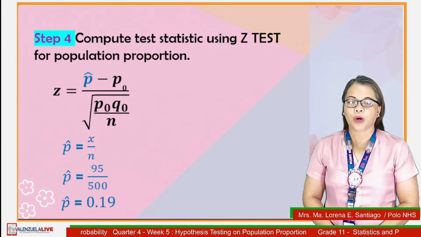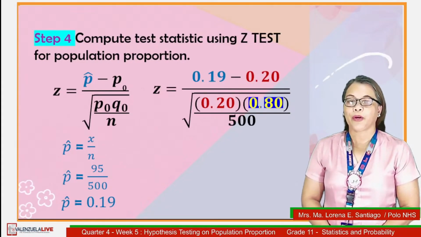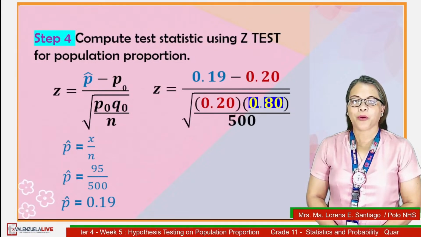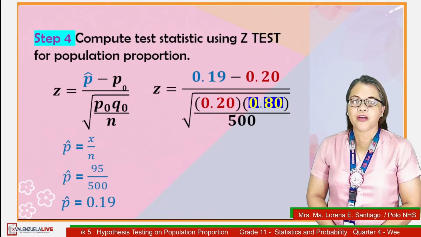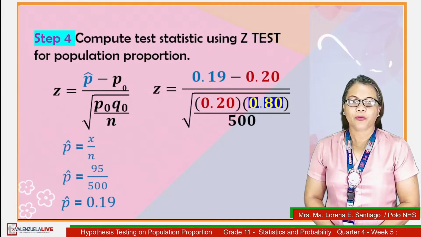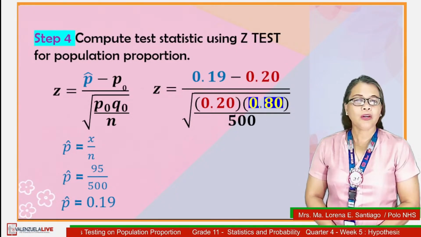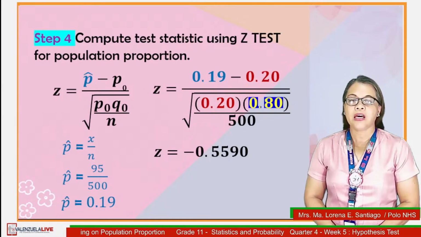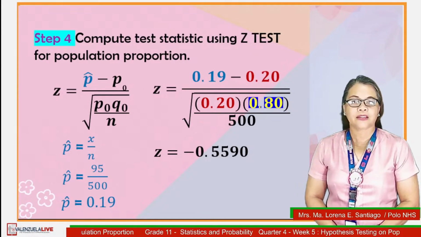Plugging this value to our formula, we will have z equal to 0.19 minus 0.20 divided by the square root of 0.20 times 0.80 divided by 500. Performing all these operations, we will get a z equal to negative 0.5590.